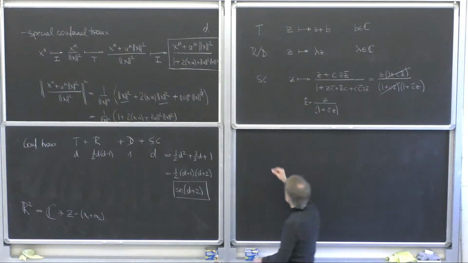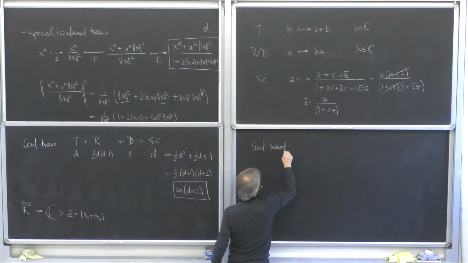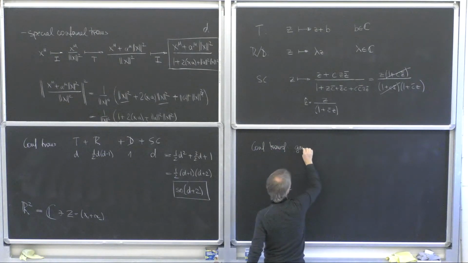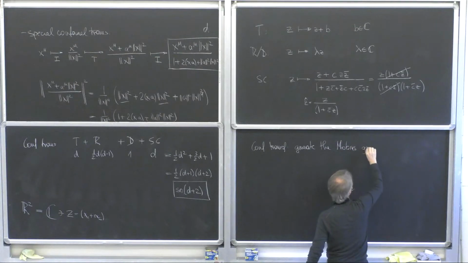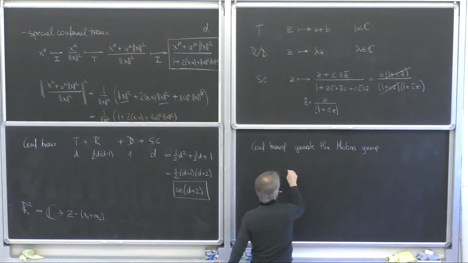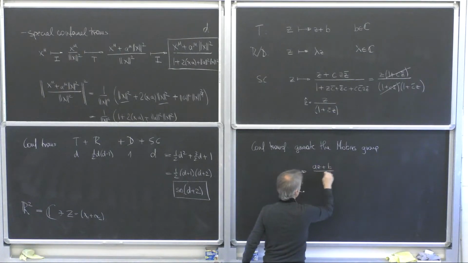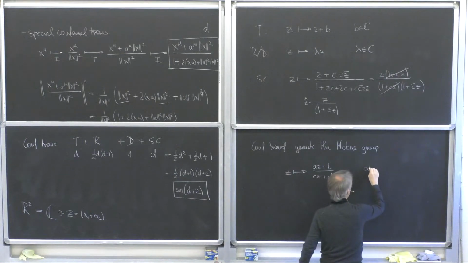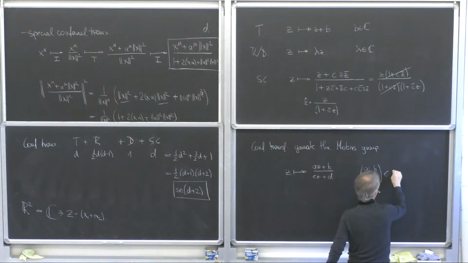So these conformal transformations generate the Möbius group, and the Möbius group is Z goes to AZ plus B over CZ plus D, where A, B, C, and D may be taken to be elements of SL2C.